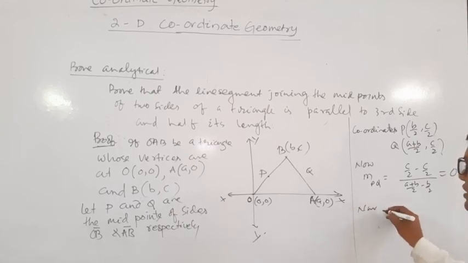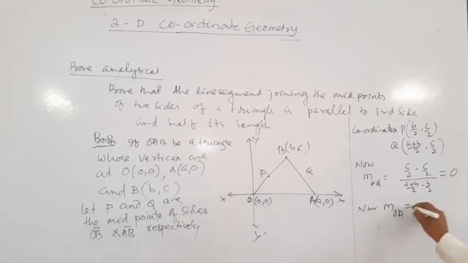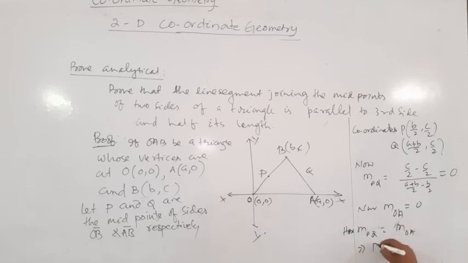Now what is MOA? OA lies on the x axis, so the slope is 0 minus 0 by something, which is 0. So here MPQ is equal to MOA. That implies PQ is parallel to OA.